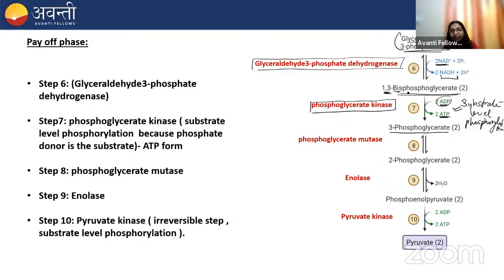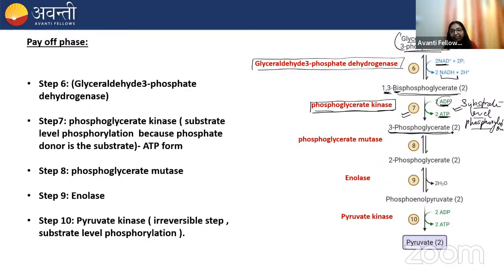See, 1,3-bisphosphoglycerate has 2 phosphate groups. It has donated 1 phosphate group to ADP, and ADP will convert into ATP. So it is a substrate level phosphorylation. Remember the step where substrate level phosphorylation is taking place in glycolysis. Remember this step. And the enzyme involved is phosphoglycerate kinase.